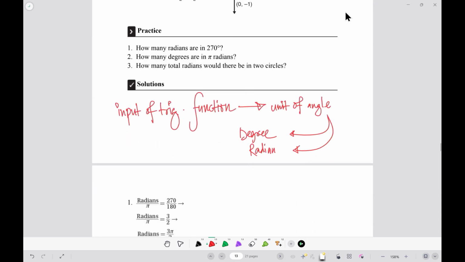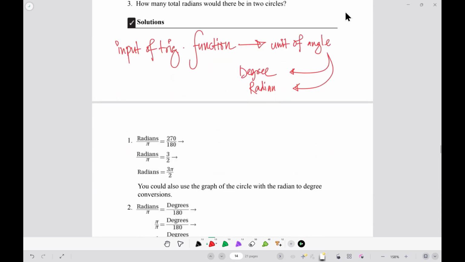For example, sine is a trigonometric function, and you can give the input of a sine function in terms of degrees. You can also give the input for a trigonometric function in radians, and you denote the radian symbol by a small c over the head.